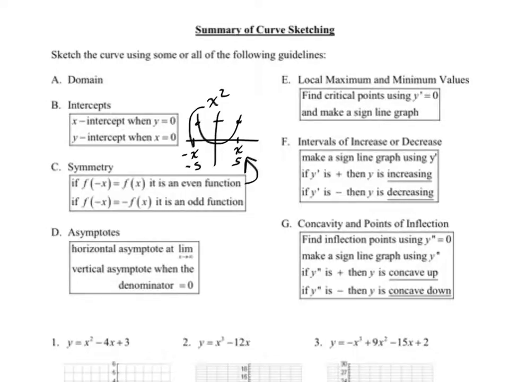So if you just graph this side, then you just copy it for the other side. And so knowing that the graph has symmetry about the y-axis, if it's an even function, makes the graph easier to graph. An odd function, think of x to the third or x to the seventh.